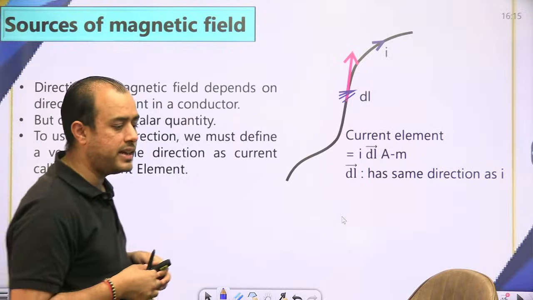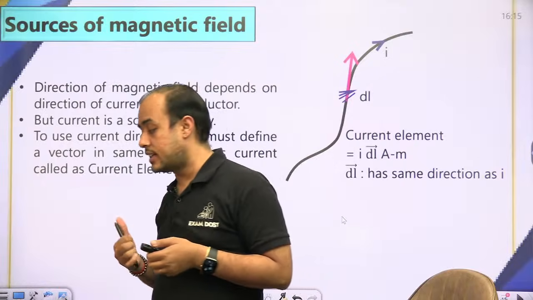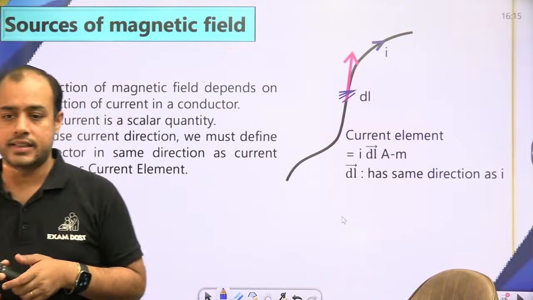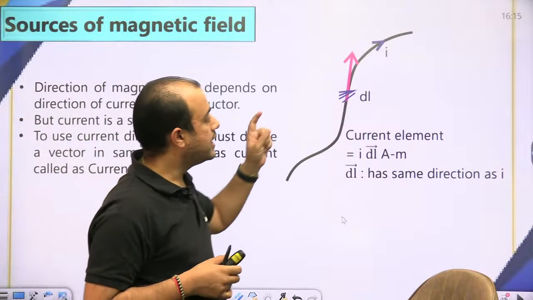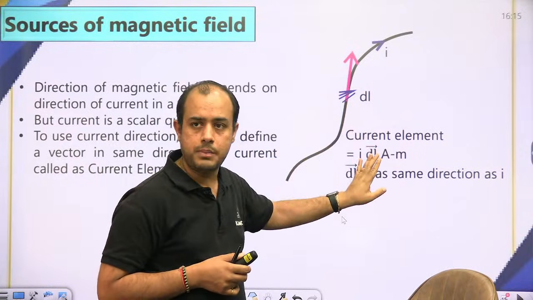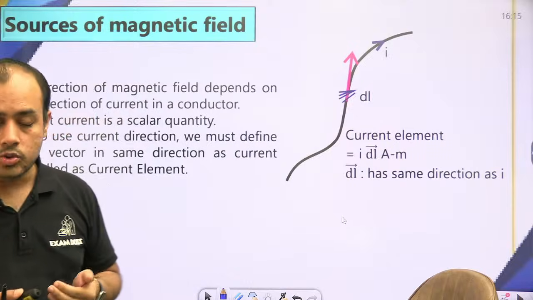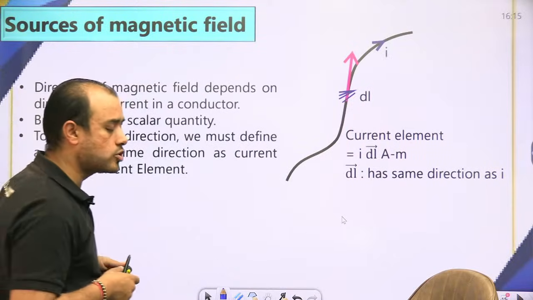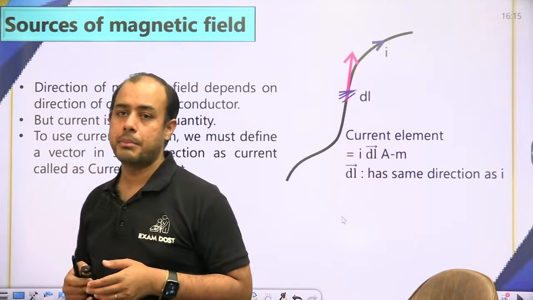So it will behave like a vector. अब करंट को तो वेक्टर नहीं बना सकते ना, उसकी डायरेक्शन डायरेक्टली यूज नहीं कर सकते. तो करंट के डायरेक्शन में मैंने एक छोटा सा dl ले लिया, I and then I into dl vector. This will become a vector. It is known as the current element. I dl vector एक वेक्टर बन जाएगा जिसको मैं करंट एलिमेंट के नाम से जानता हूं. The unit is ampere meter.